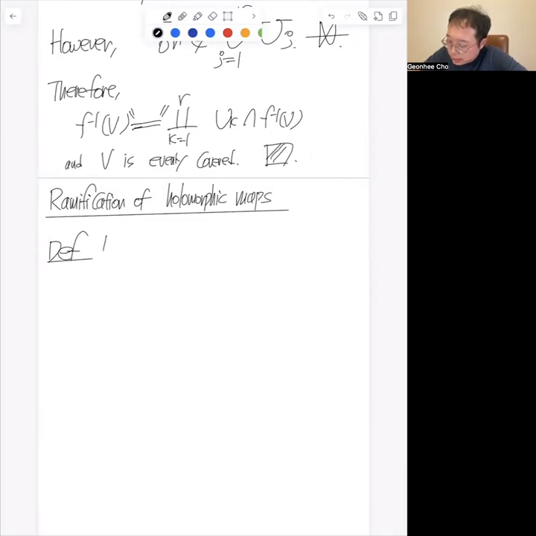We will say: let f be a map from X to Y, a holomorphic map between two Riemann surfaces.